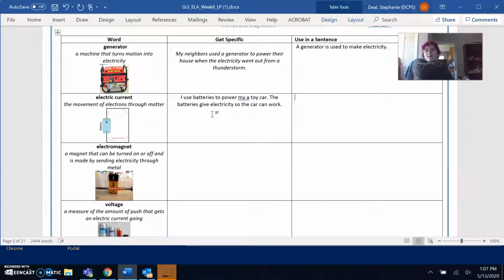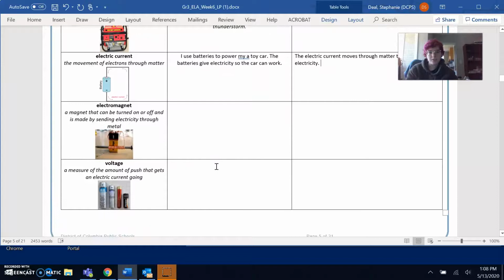Okay? So now let's use the words electric current in a sentence. The electric current moves through matter to create electricity. Okay, now we know what electric current means.